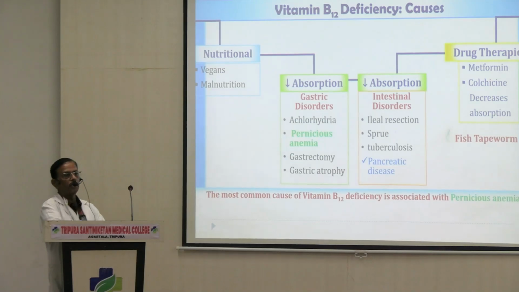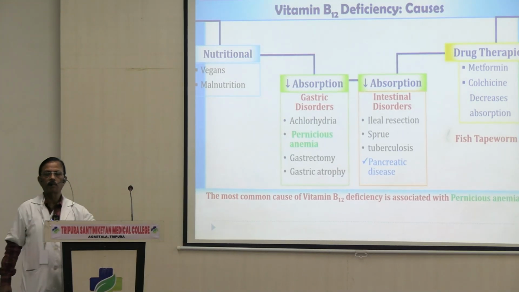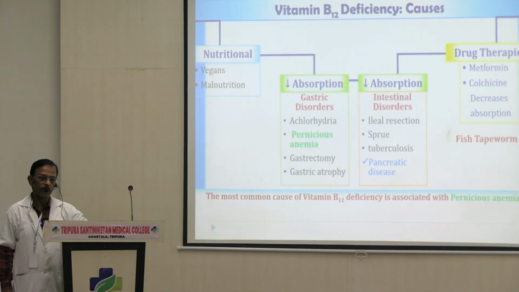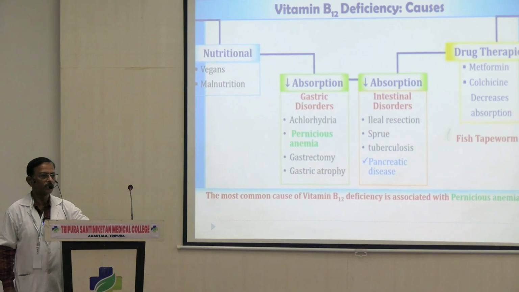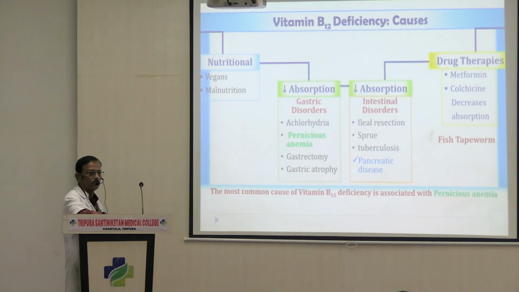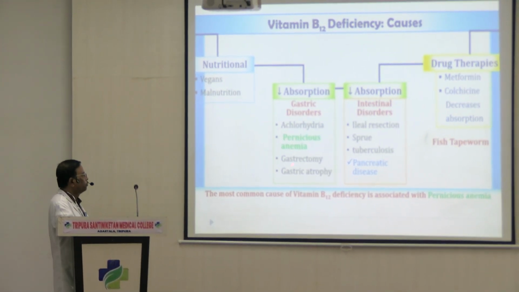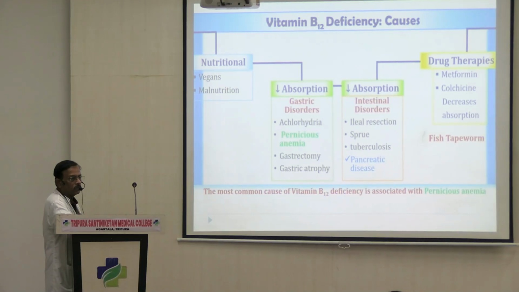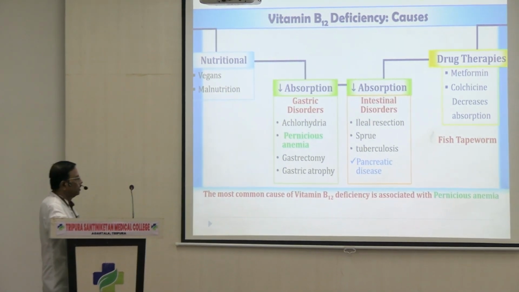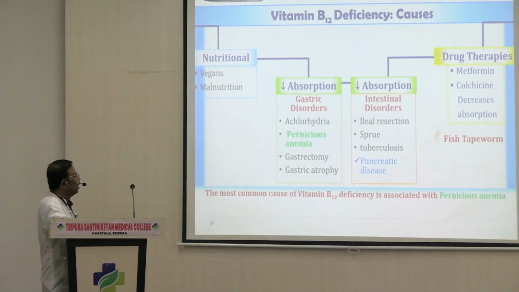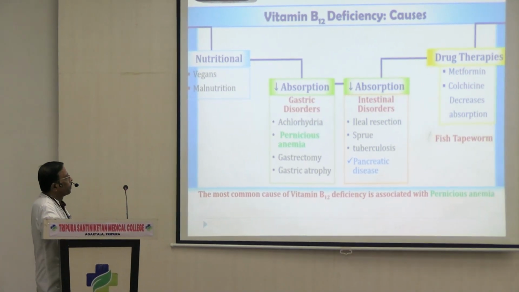So when there is antibody formation against the parietal cells, there is destruction of parietal cells, and parietal cells are responsible for synthesis of the intrinsic factor. So in pernicious anemia, there is deficient absorption of vitamin B12, and that causes megaloblastic anemia.